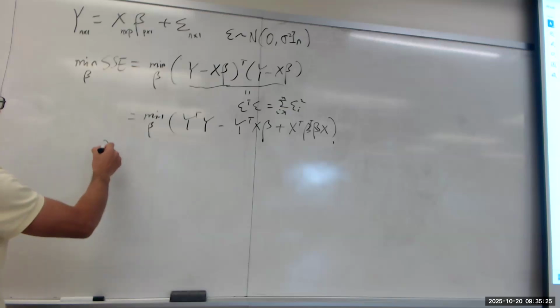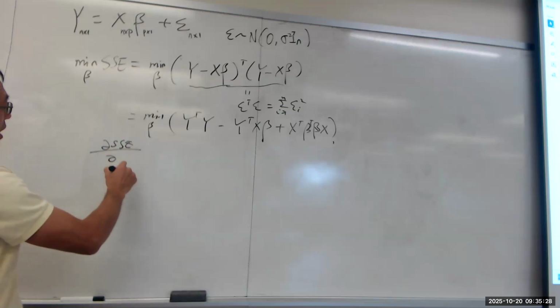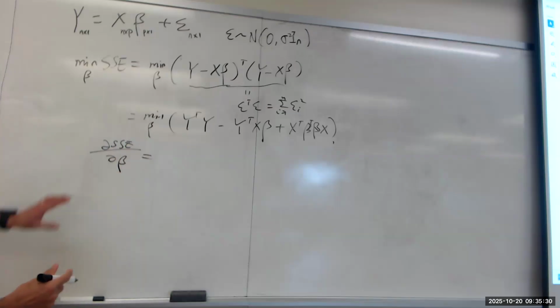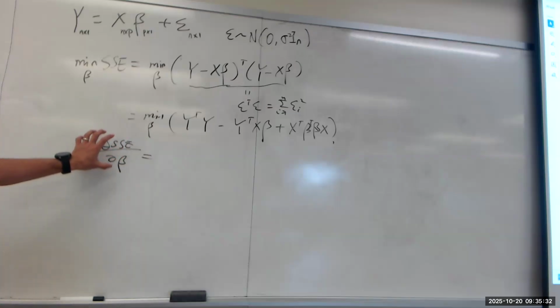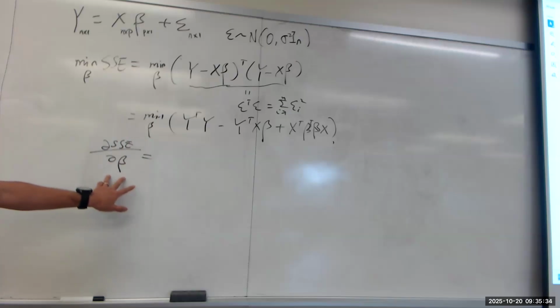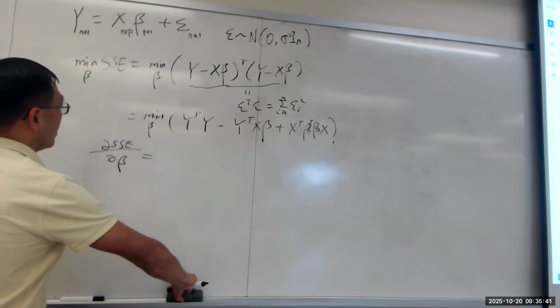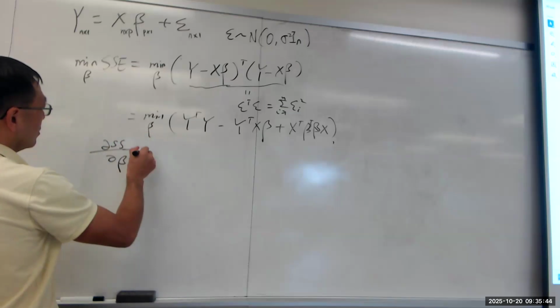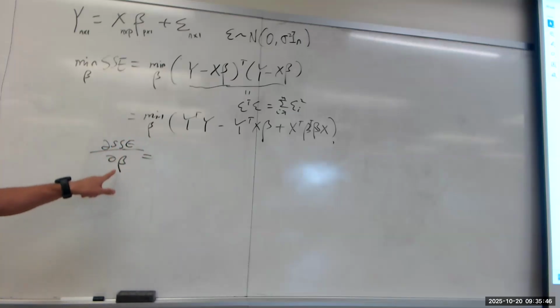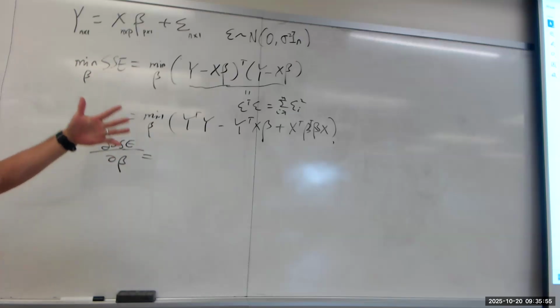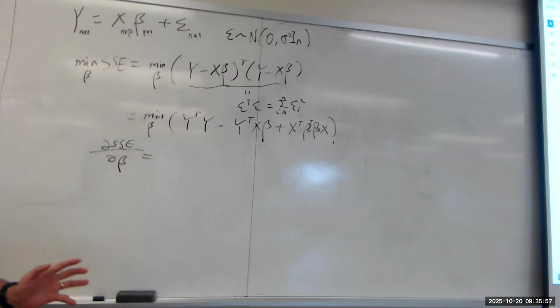Now if you want to minimize with respect to beta, you take the derivative of the SSE with respect to beta. Remember, everything is in vector form. Beta is a p by 1 vector, and the SSE is a scalar. So essentially you take the derivative of the SSE with respect to each beta and then form a vector again.